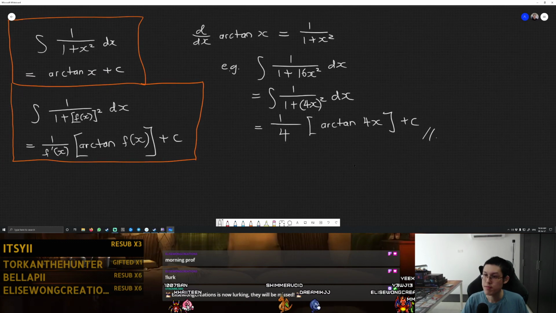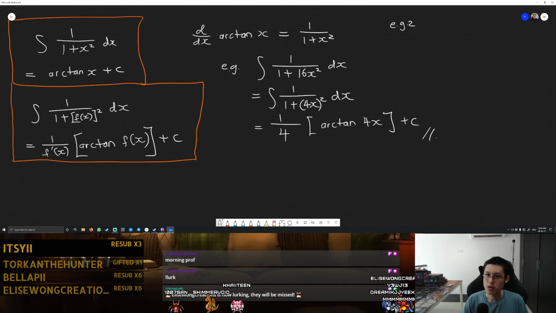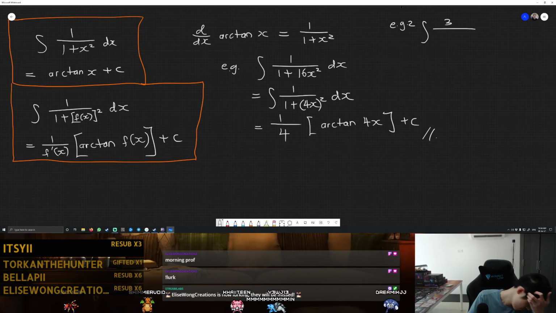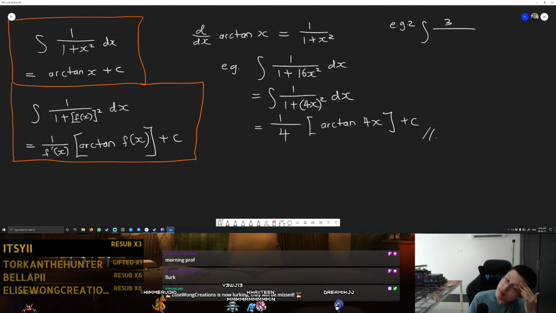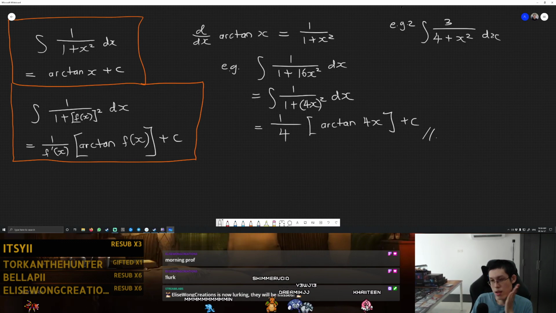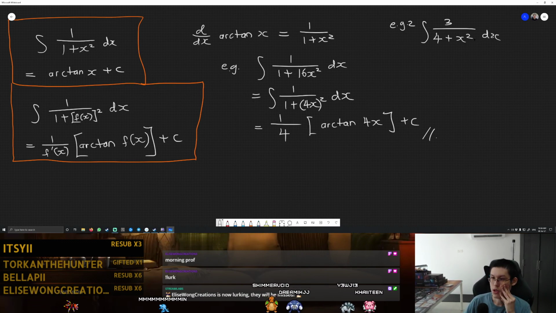Okay, another example. What if I were to ask you to integrate 3 over 4 plus x squared dx? So what you've got to do here is you need to make this look like this, okay?